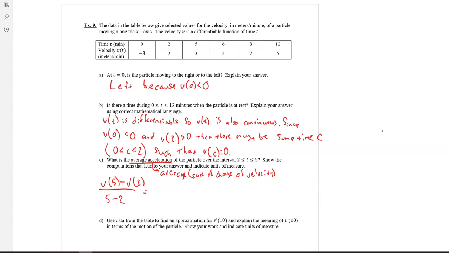Okay, and then how do we evaluate V of 5? How do we evaluate V of 2? Where do we go to? Charlie, what do you say? Look at it.